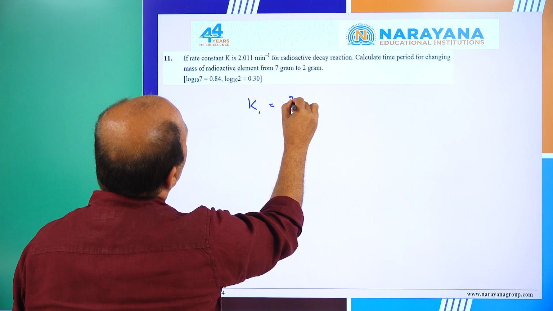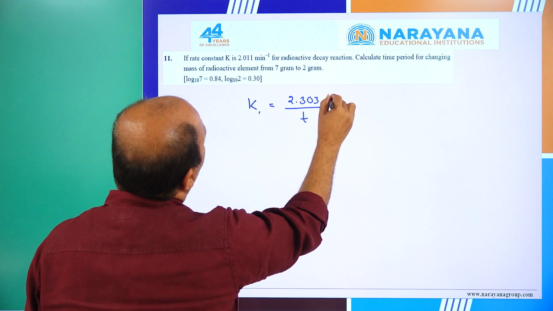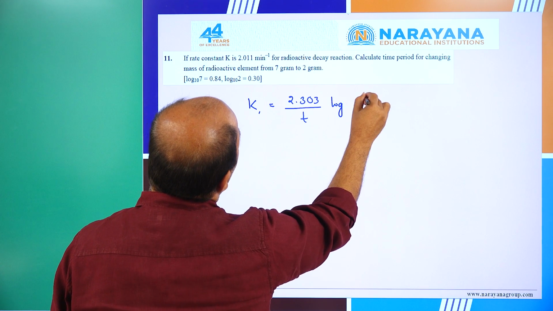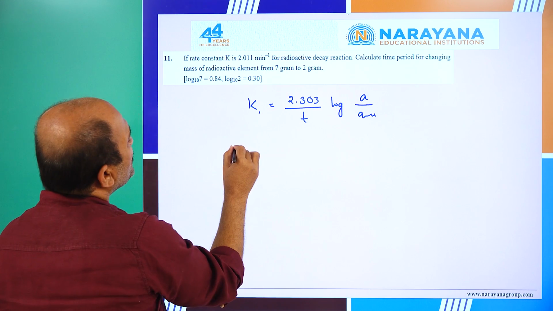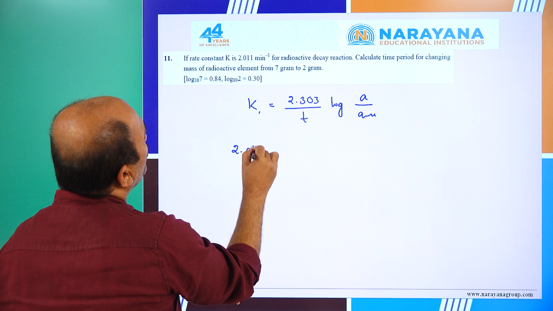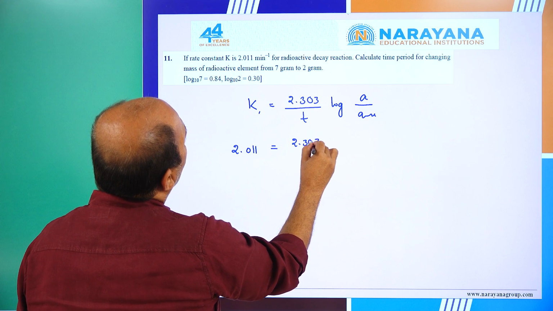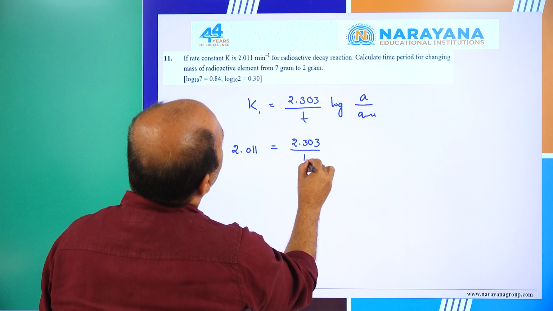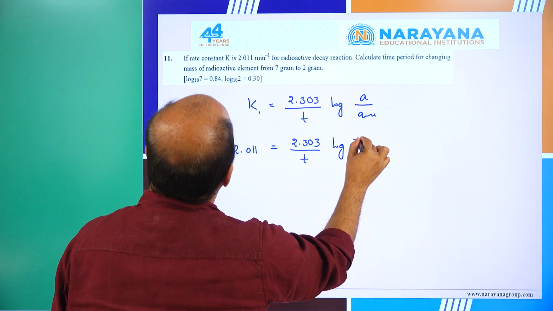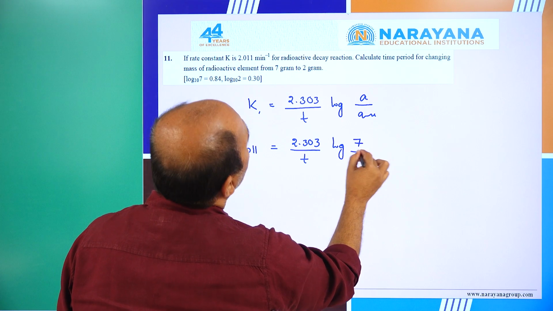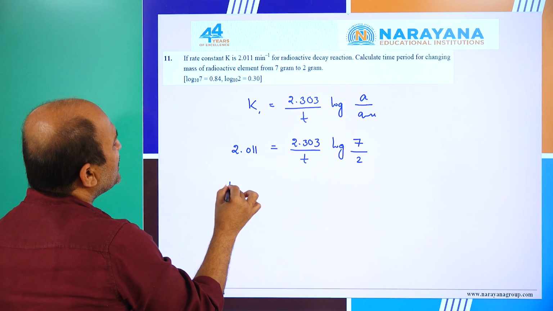K is equal to 2.303 by T into log of A by A minus X. Rate constant they gave as 2.011 is equal to 2.303, and time you want to calculate, and log A by A minus X they gave as log 7 by 2, right? So you want to calculate T.